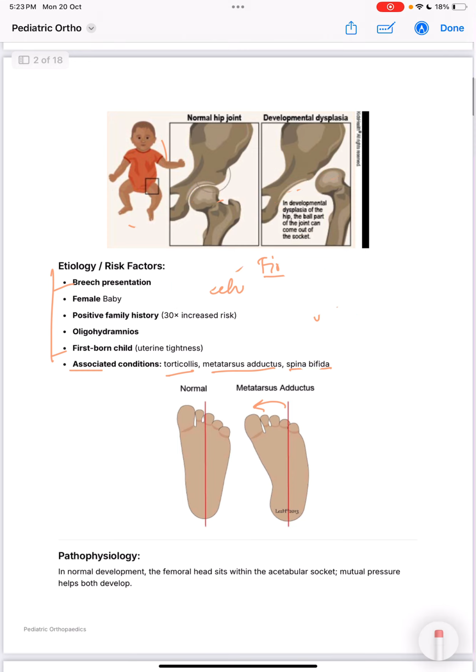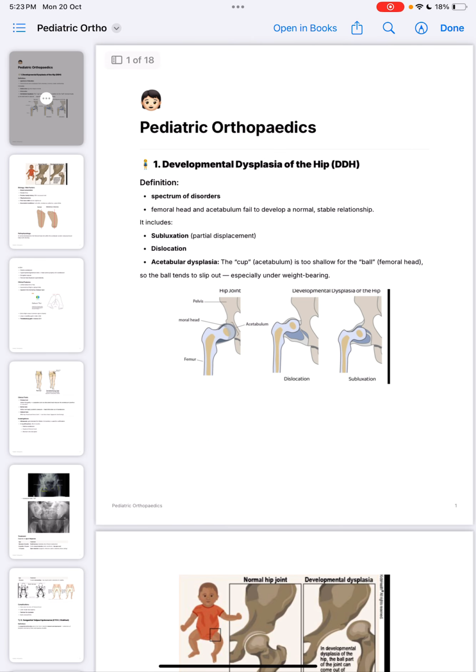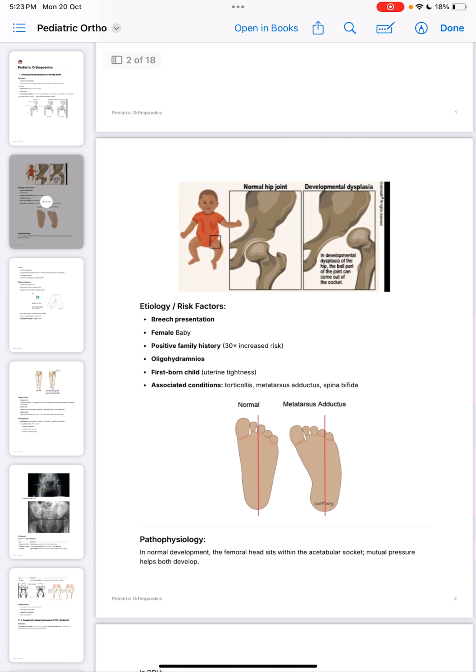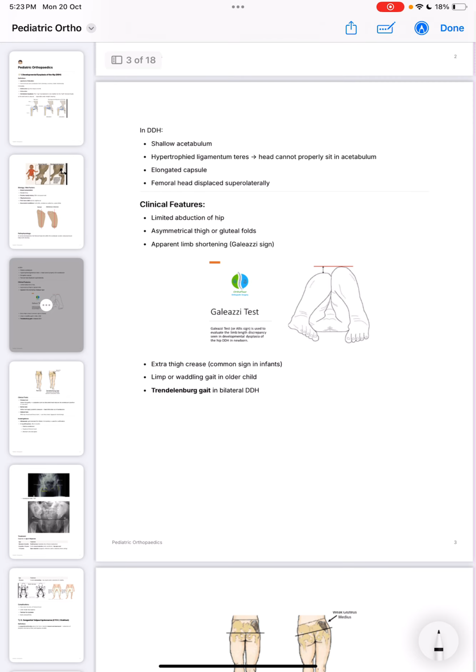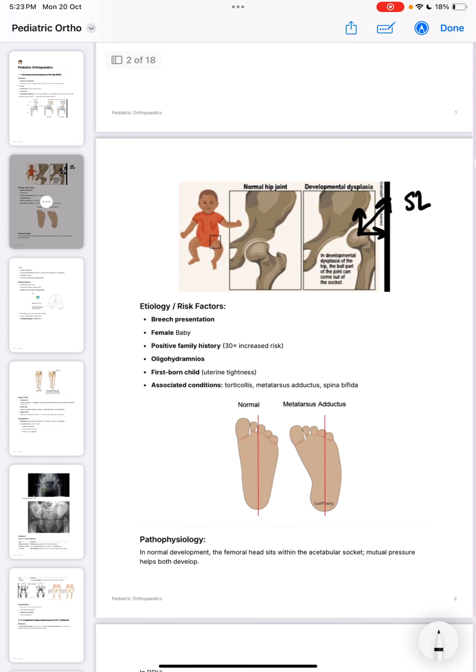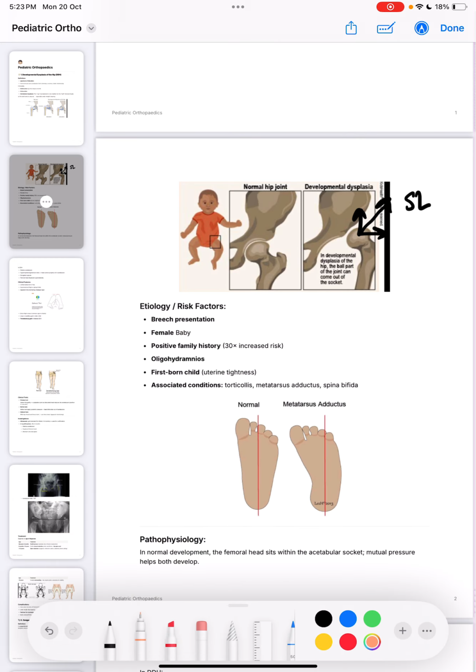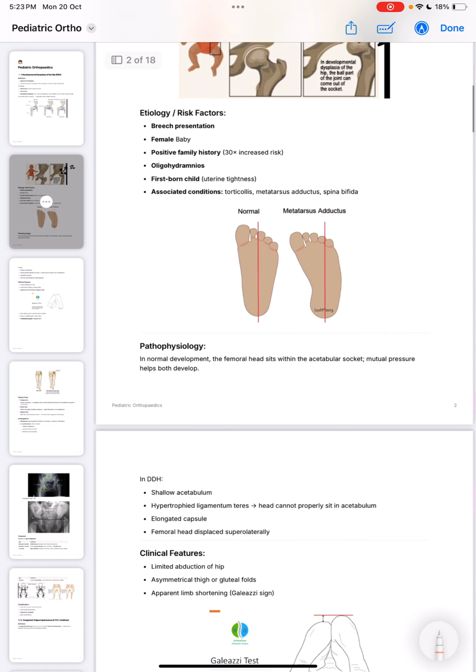It is superior, it's upward, and it's lateral. So superior-laterally, right?